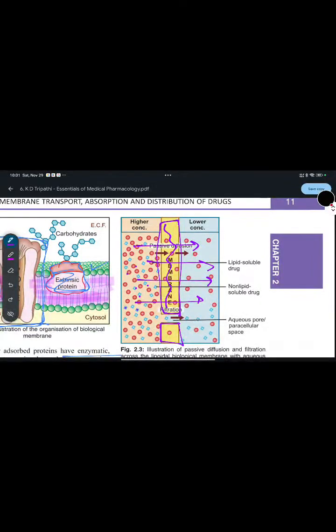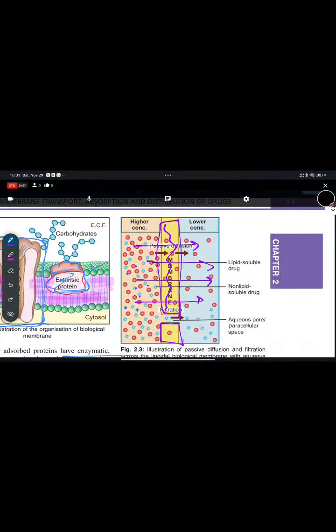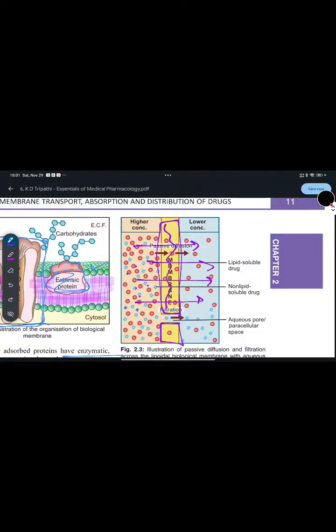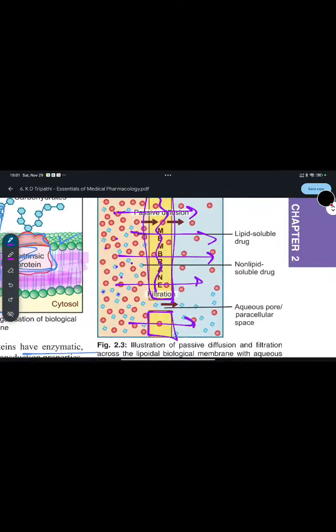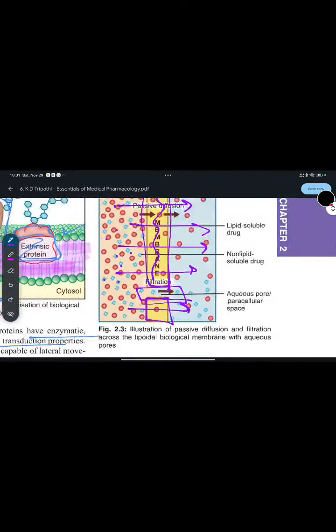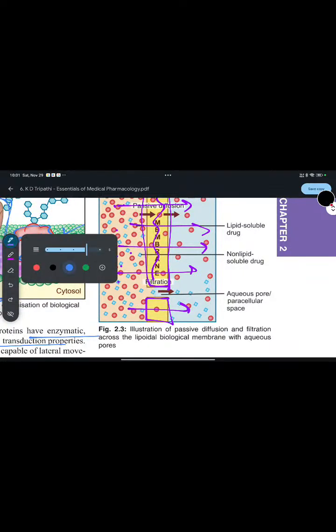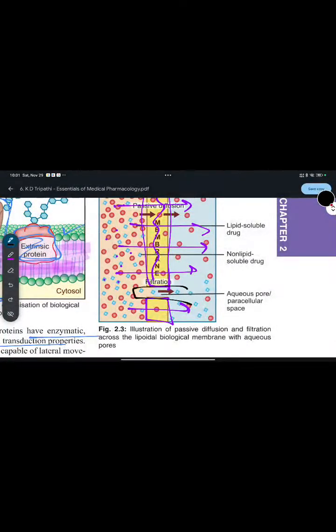But all the non-lipid soluble drugs, that means all the ionized drugs, are not passing through this lipid soluble membrane. Rather, they are transporting through the channel, and this channel is called a water pore, or aquapore.